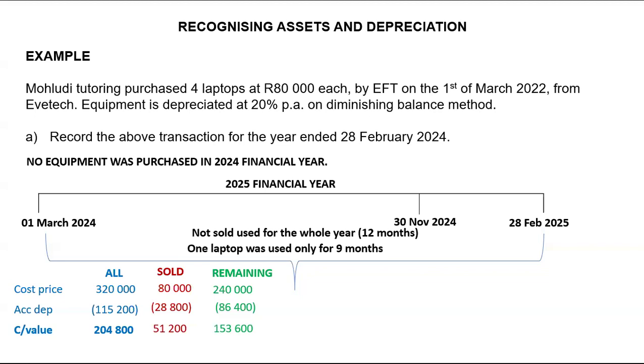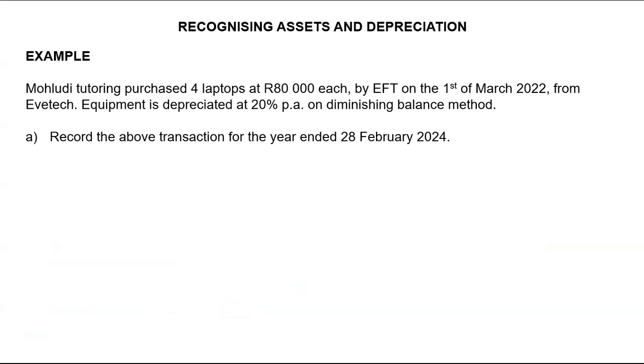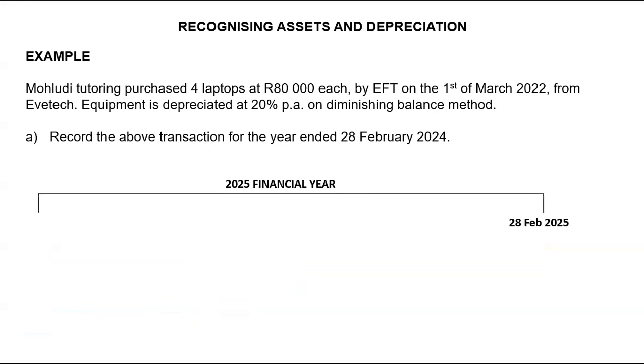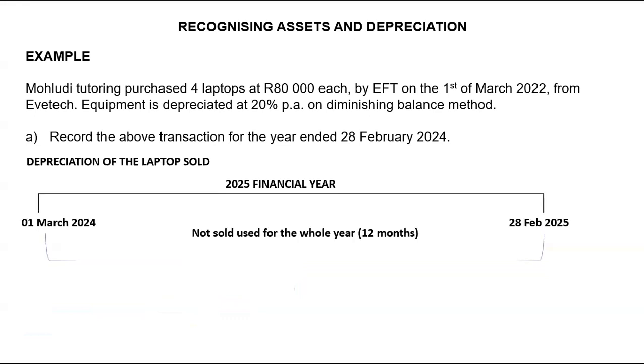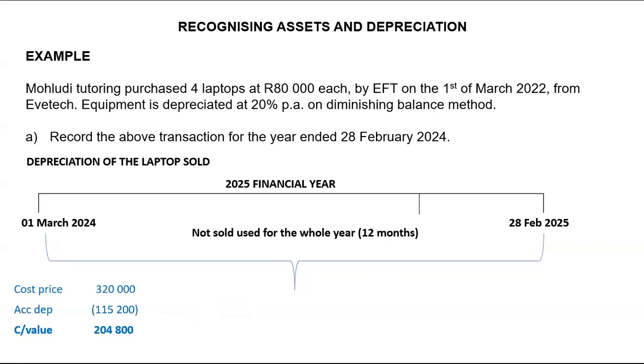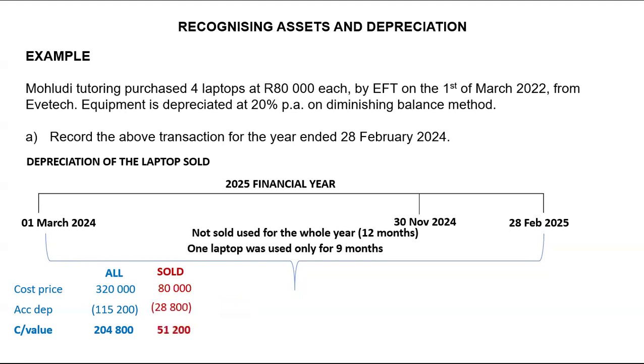Now, when I depreciate the remaining, I am going to take that 153,600 multiplied by the depreciation rate, which is 20%, and multiplied by 12 over 12. Okay. However, the sold was only used for 9 months.